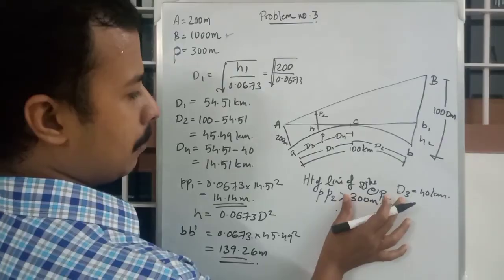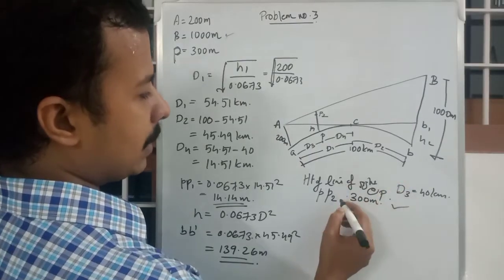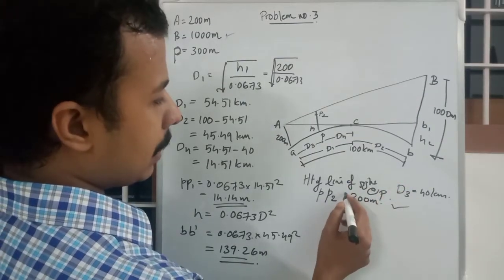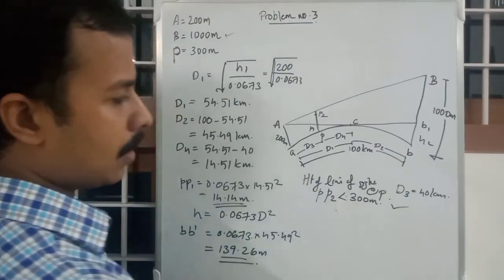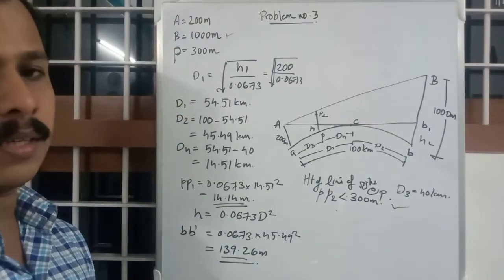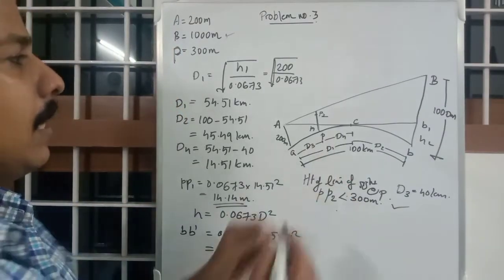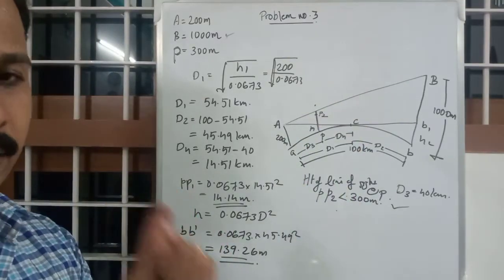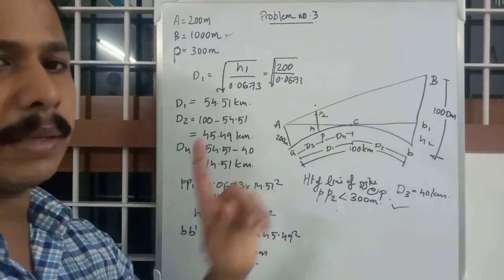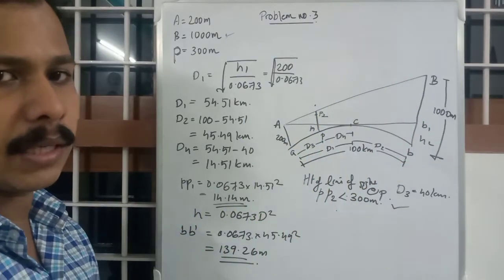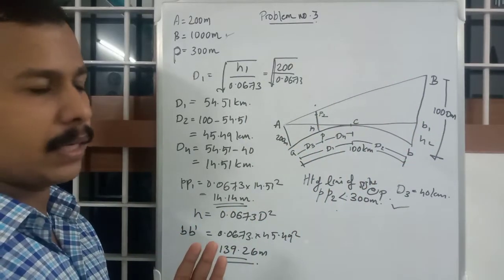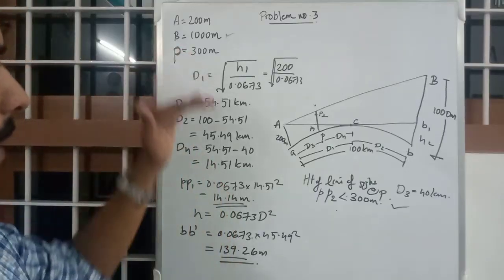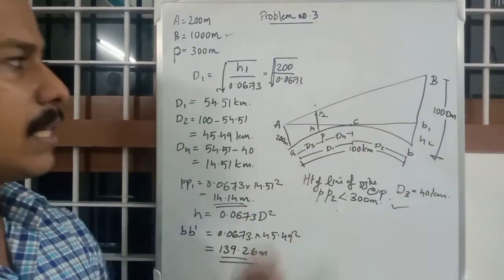If the height of line of sight at P is less than 300, then the actual P will be somewhere here, and hence A and B will not be intervisible. Okay, so you get the point.